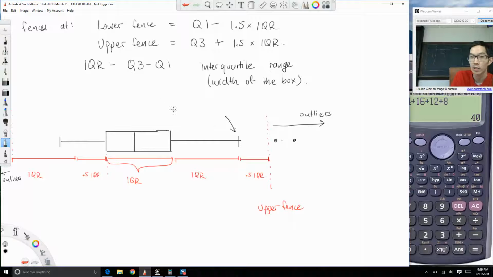Okay, I understand. So the whisker ends at the largest point or the smallest point that is not an outlier.